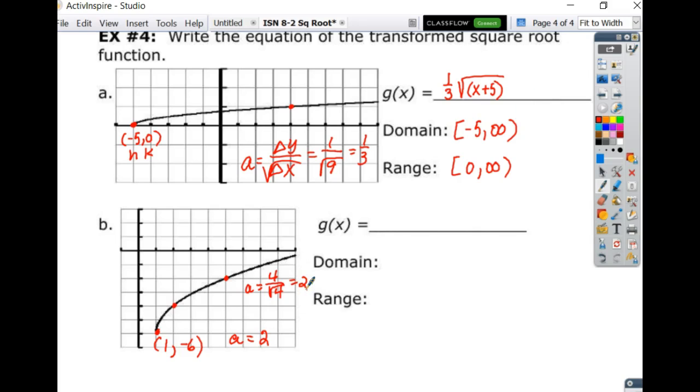You get the same answer no matter which you pick. Okay? So my A value is 2. Is that the last example?